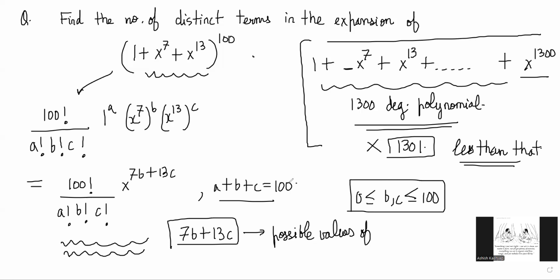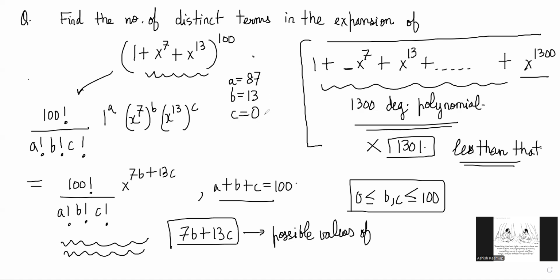Now, you have to realize one thing: there will be some repetitions. For example, if you take A as 87, B as 13, C as 0, this gives us x^91.